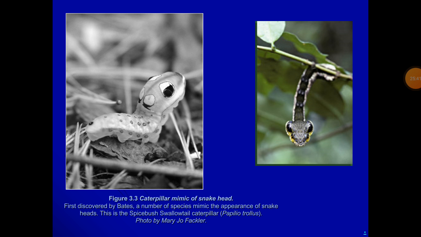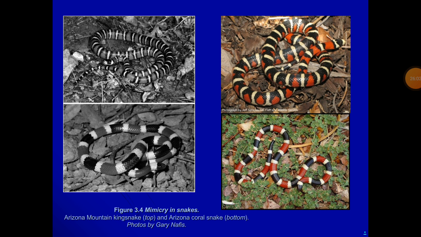Next, a cute caterpillar mimics the snake or the snake head so that this caterpillar will not be eaten by larger animals and would survive, because these larger animals would think that these caterpillars are snakes. This is mimicry in snakes, in which the Arizona mountain king snake at the top and the Arizona coral snake at the bottom look similar, or mimic each other.